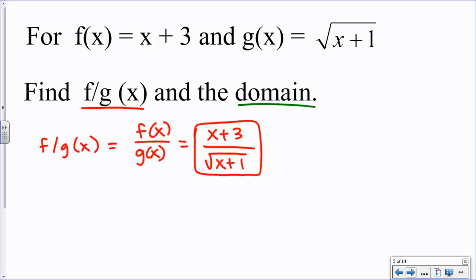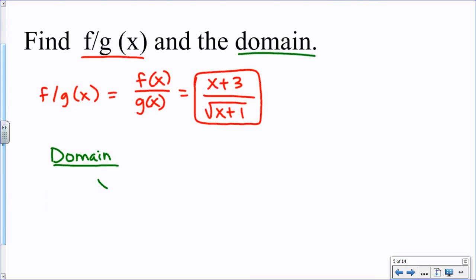So if I talk about the domain, let me rewrite our quotient. I'm wanting to find the domain of x plus 3 over the square root of x plus 1. Okay, so it's a rational function, meaning there's a denominator.